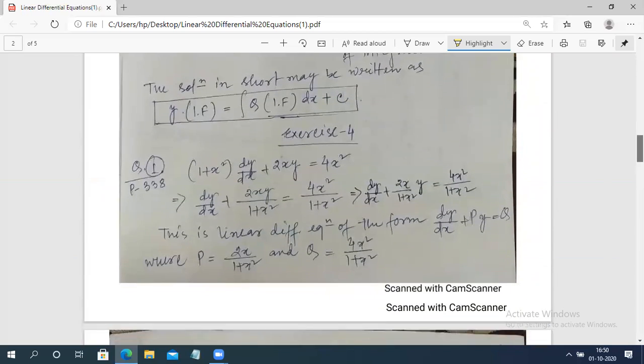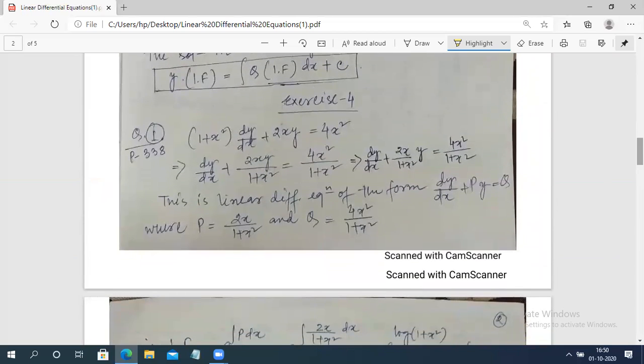So if you compare this equation with that, you can see that dy by dx plus p is only the function of x. So 2x by 1 plus x square is your p into y is equal to q. Q is 4x square by 1 plus x square. It is again a function of x.